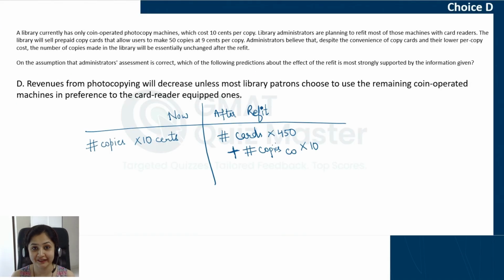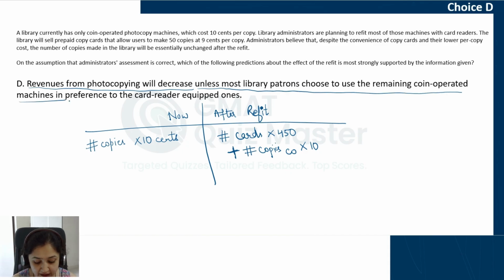Let's start with choice D, which is the most popular incorrect answer choice. Revenues from photocopying will decrease unless most library patrons choose to use the remaining coin operated machines in preference to the card reader equipped ones.